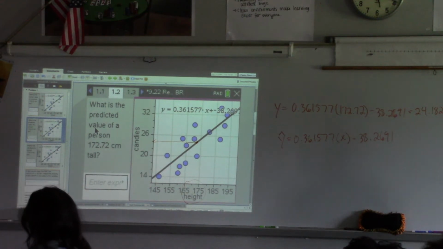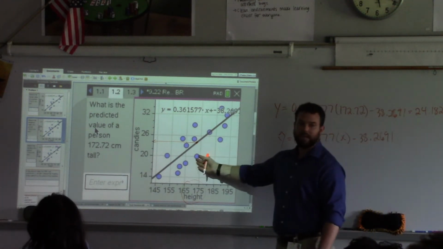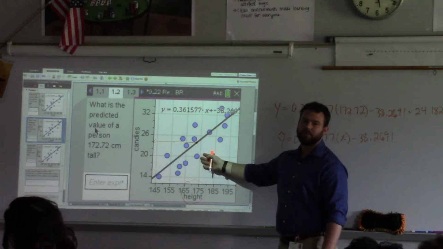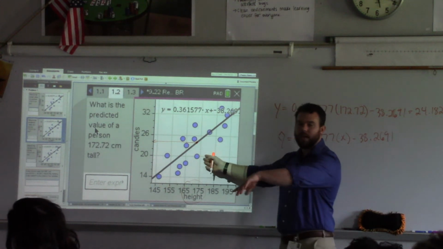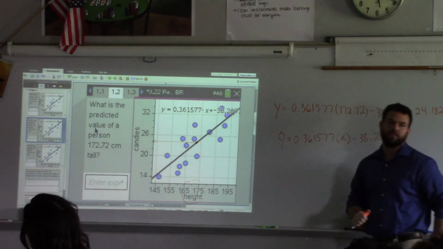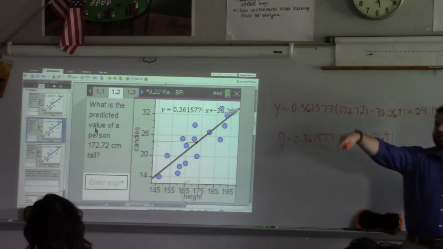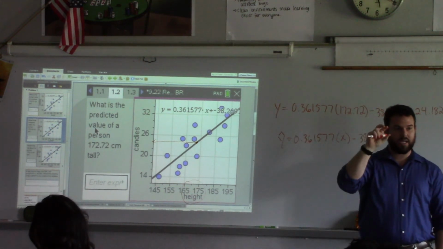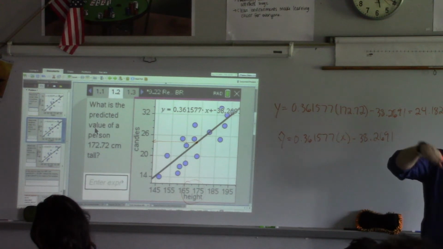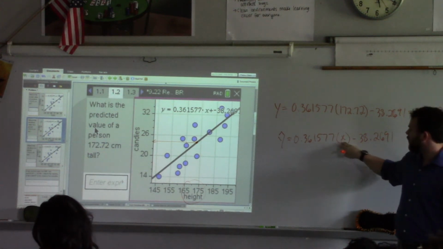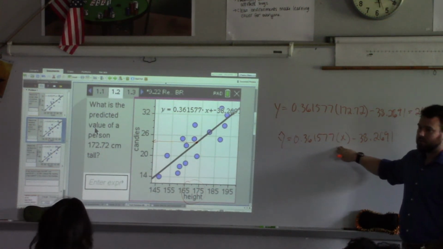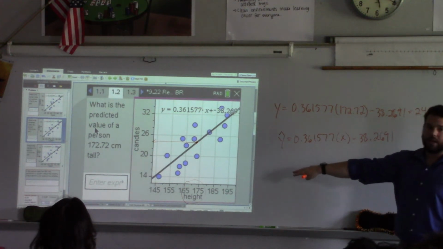It's a trend line, but what is a trend line going to do? Predict. There we go. That hat tells me it's a regression line, but it's also telling me that it's a prediction based on the x, which is the height.